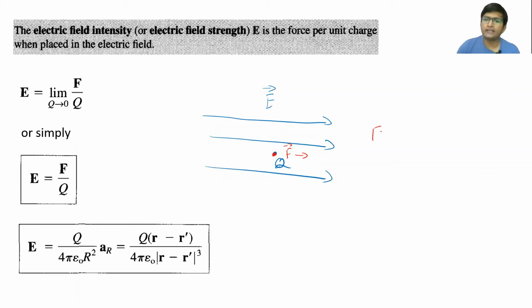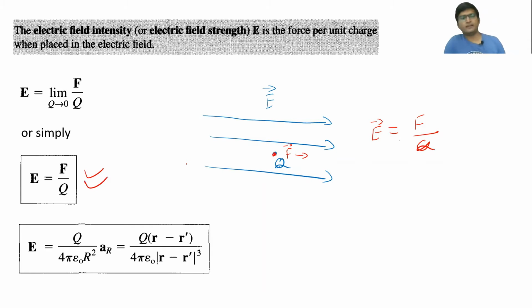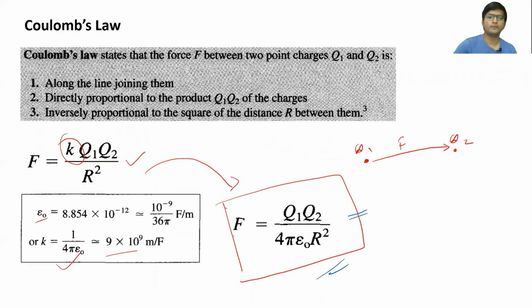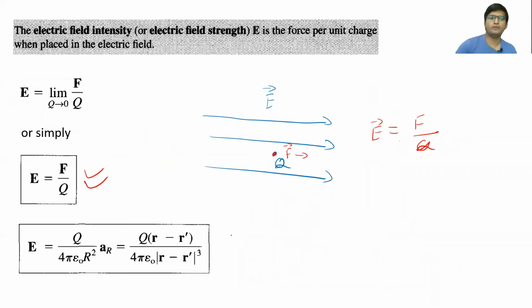So the electric field, we can calculate it as the force experienced by the charge q divided by the charge q, right? This formula of electric field is given by this, and if you put the value of F, which we studied in the previous section, the formula was this, right? So if we put the formula of F in this equation, what we will get is this.